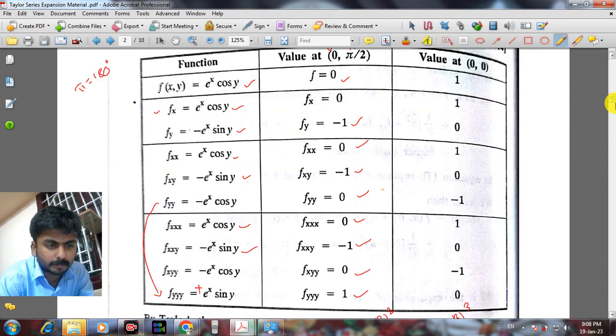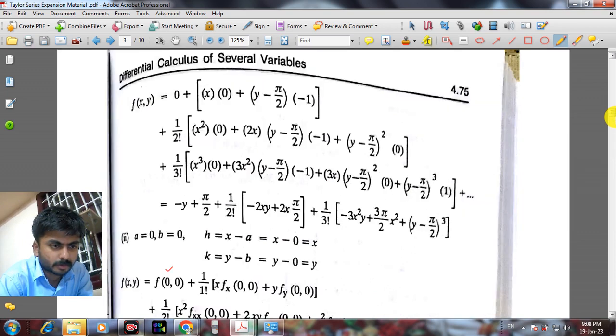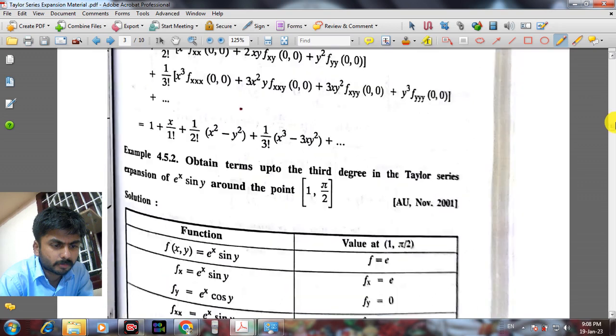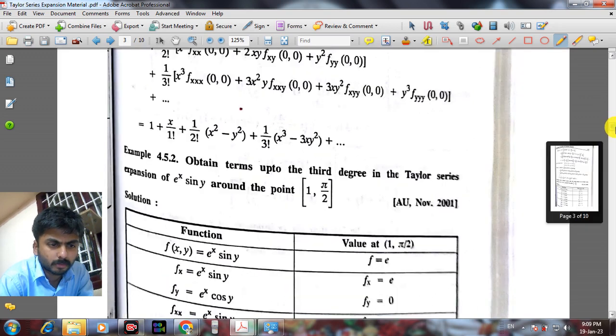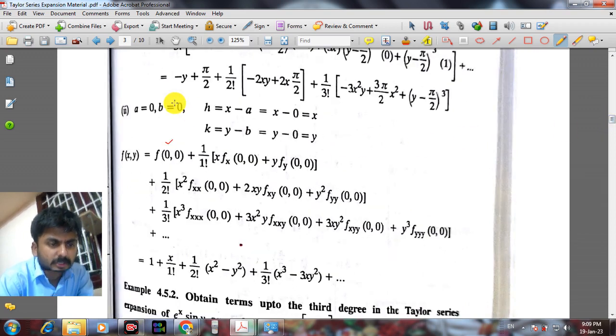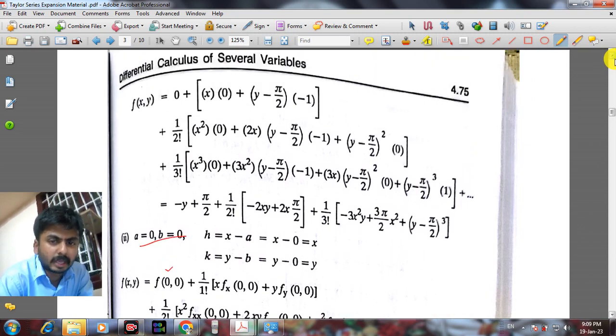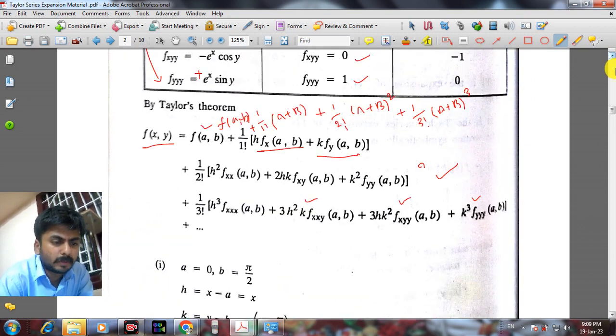So here, for the second formula we are substituting a equal to 0 and b equal to 0. For the first problem we are substituting a equal to 0 and b equal to pi by 2.